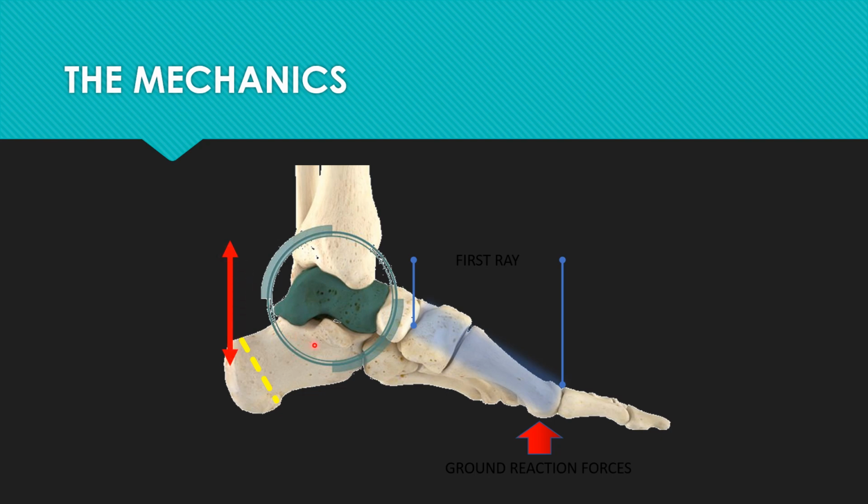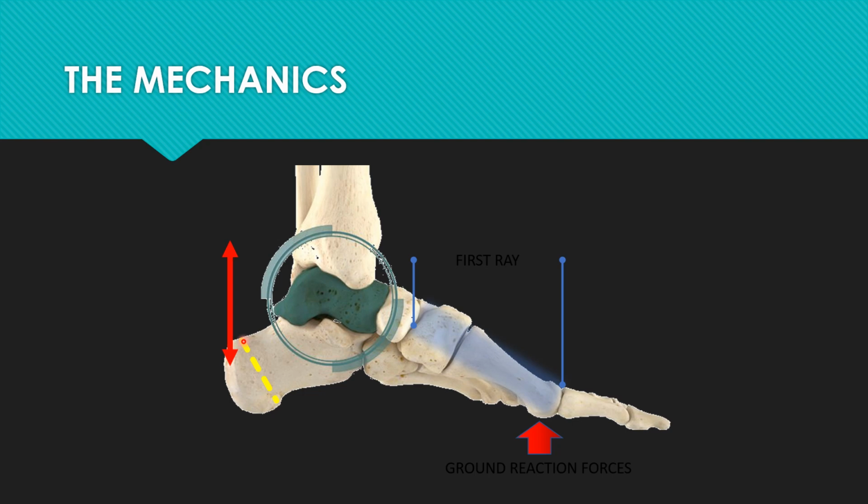It can be aggravated by ground reaction force during the propulsive phase of gait, because these two factors are acting in opposite directions. The bottom line, and we don't need to make this too complicated, is that this apophysis is subject to quite a lot of mechanical stress and strain.